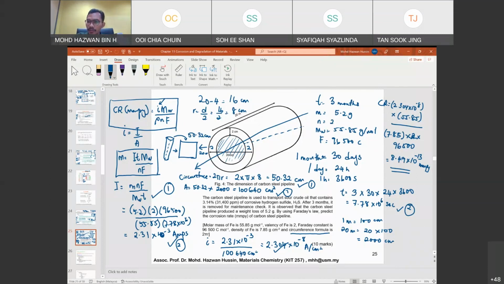So let's say that I want to convert this corrosion rate in MMPY to MPY. Okay, so what should we do?